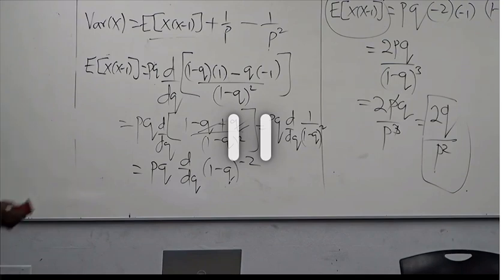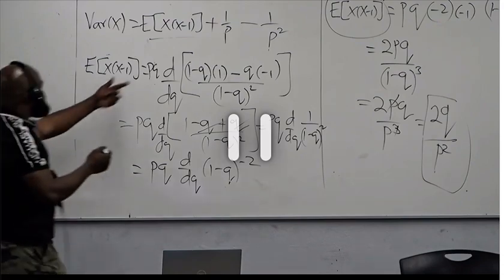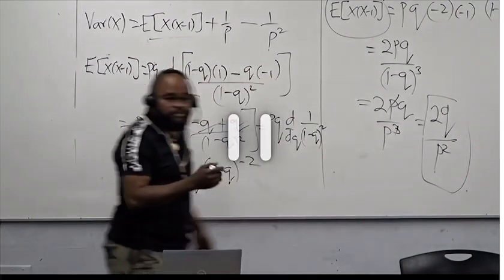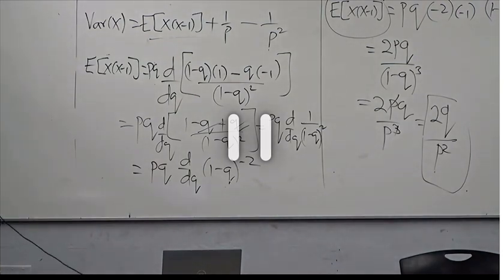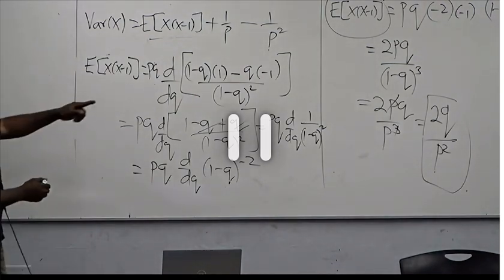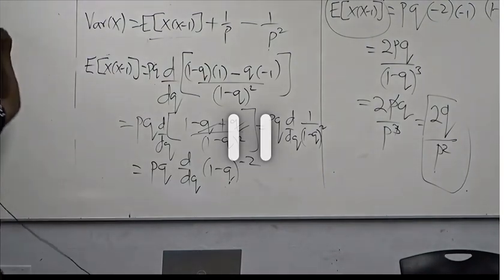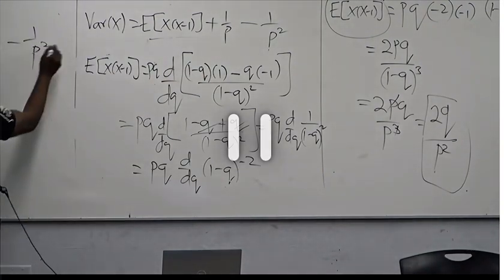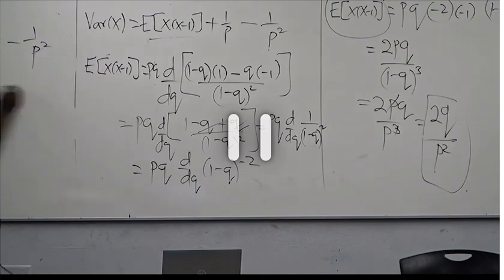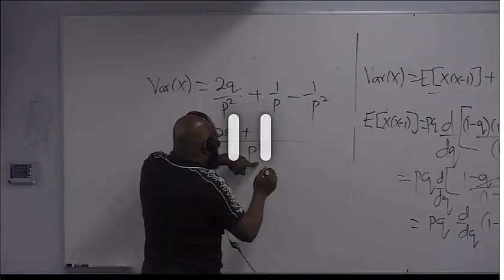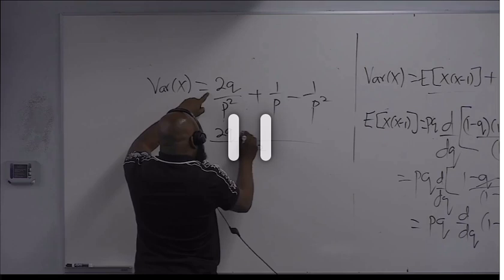So right now, the variance of x: instead of this, I'm going to write 2q over p squared, plus 1 over p, minus 1 over p squared. Then I'm just going to find the common denominator, p squared. That would be 2q plus p minus 1.